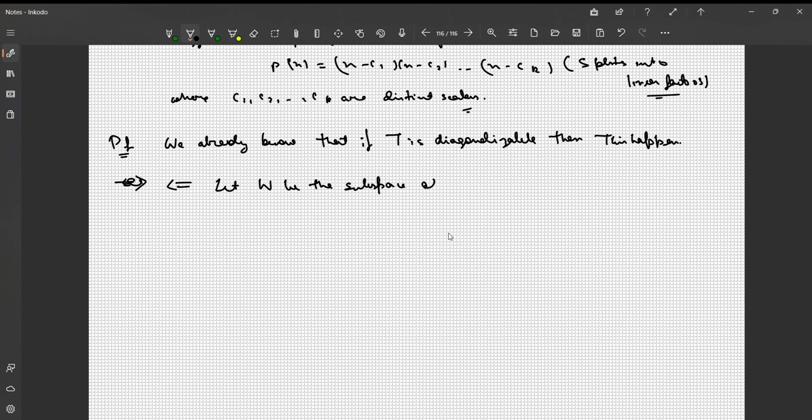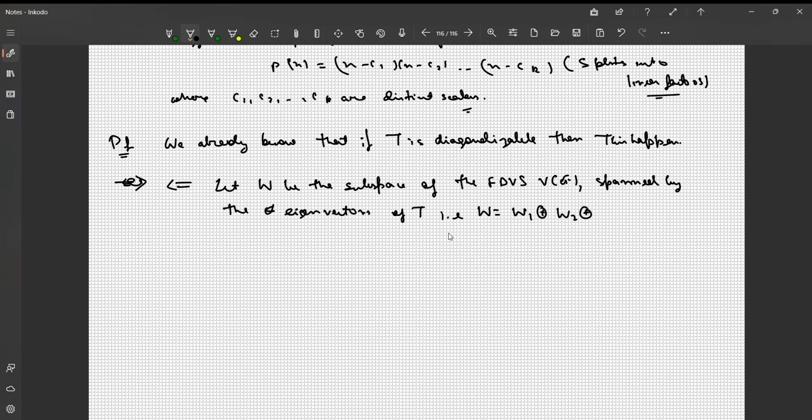Okay, so let's check. What we do is that let W be the subspace of the finite dimensional vector space V over F spanned by the characteristic vectors, eigenvectors of T. That is, W is written as W1 plus W2 plus W3, so on till say Wk, where each Wi is an eigenspace.